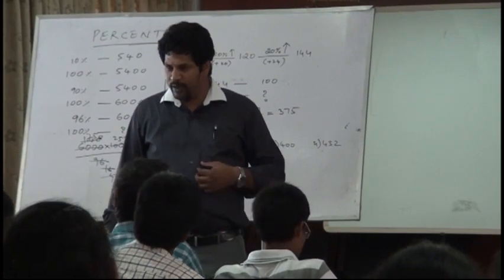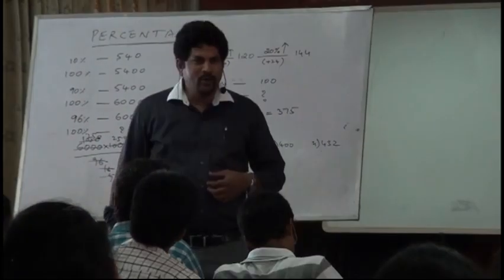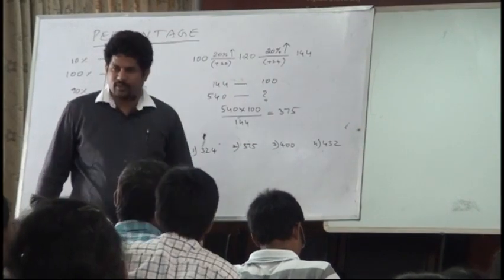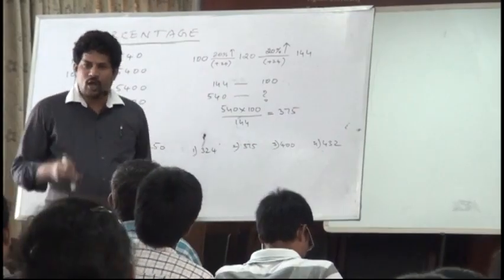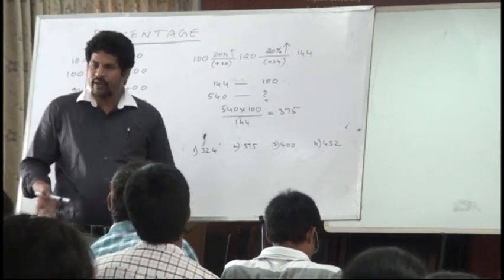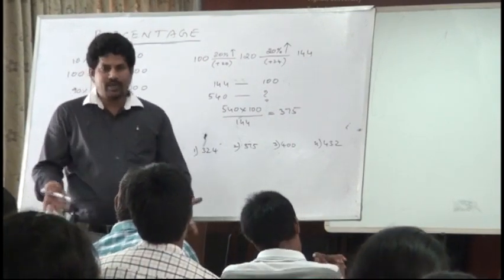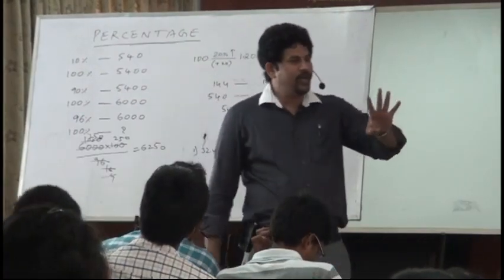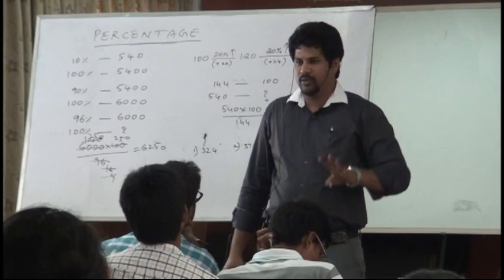Are you getting my point? So instead of solving like this, I go through options. I increase the options 20% 2 times. Whichever gives me 540, that is the correct answer.